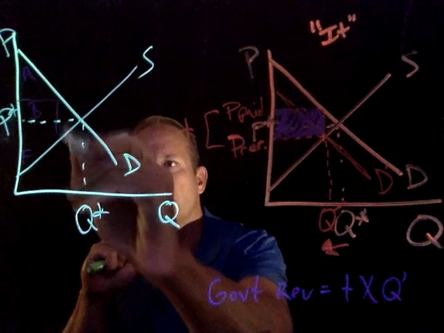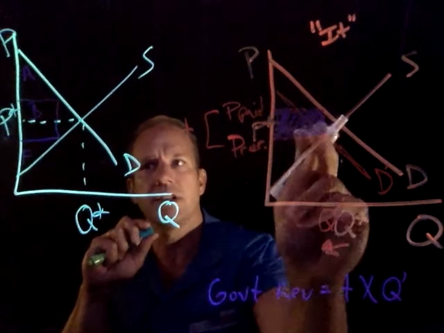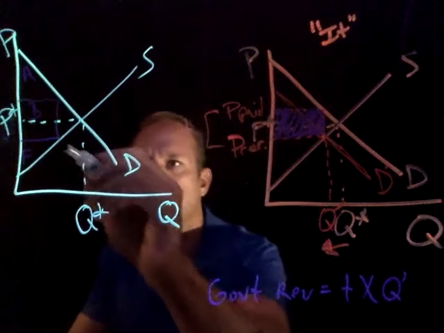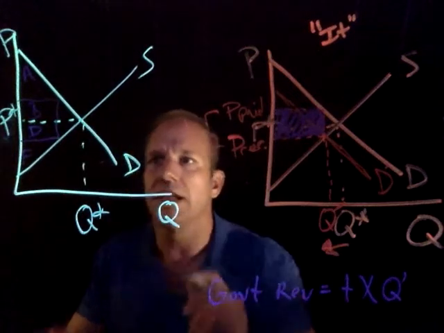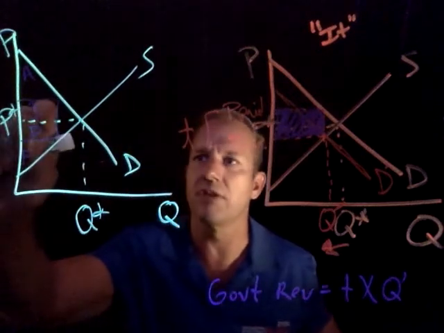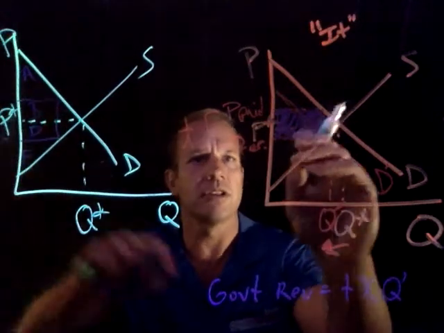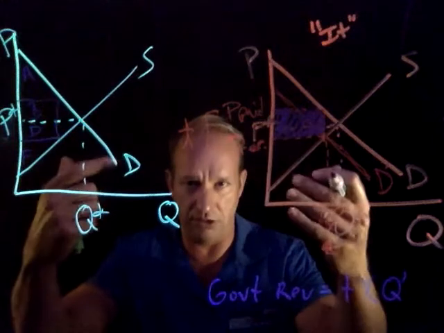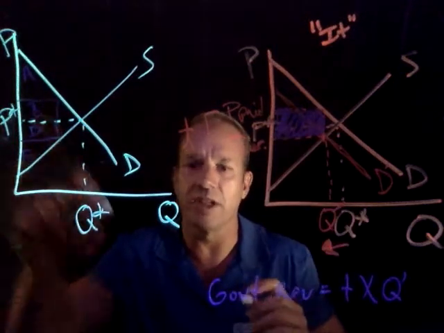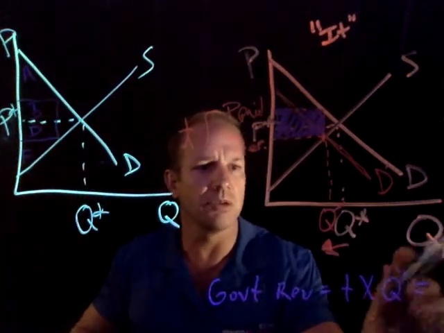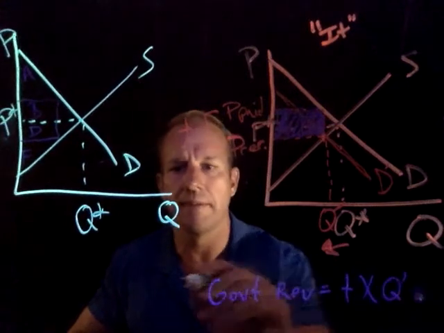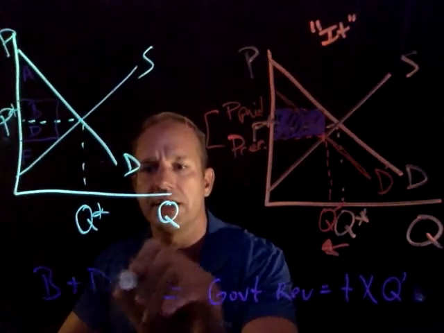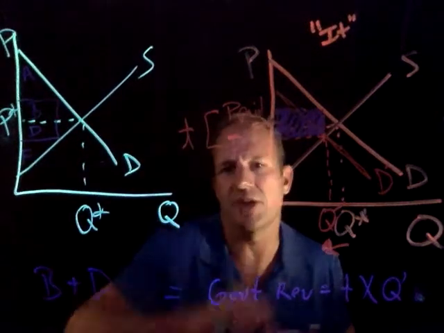So if I just draw this the same as I have it over there, I'll label this D. And so now government revenue, these are not perfect drawings, but this rectangle and this rectangle are meant to be the same rectangle. Government revenue is also equal to B plus D. That's this rectangle represented by this rectangle.